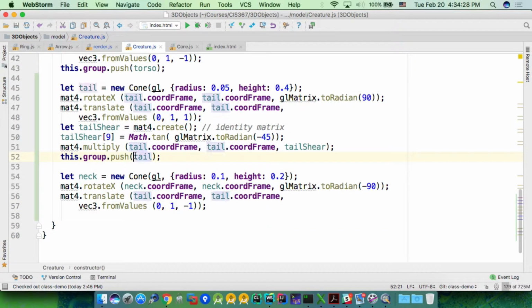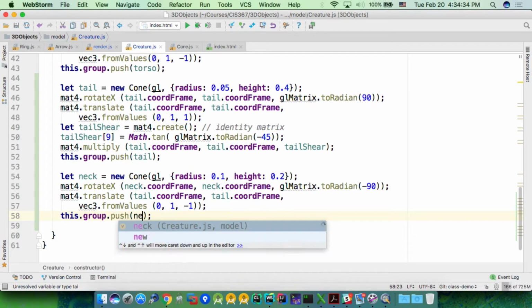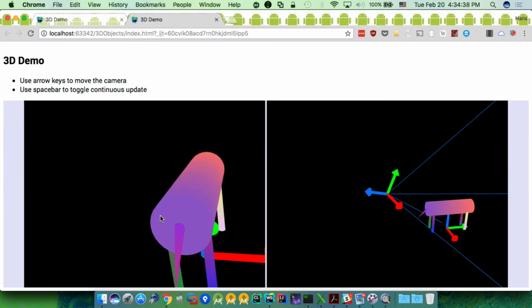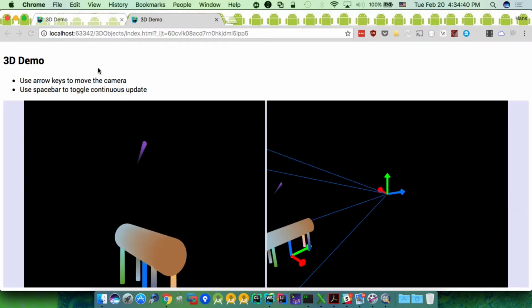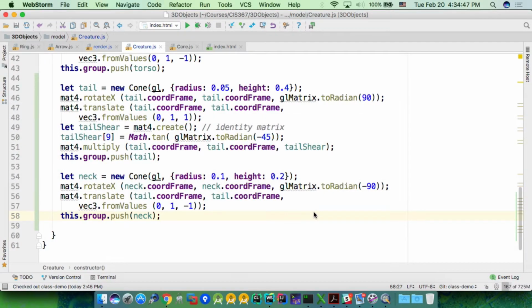So and then let's add the neck to the group. Okay, and then refresh. What's wrong? We did count.